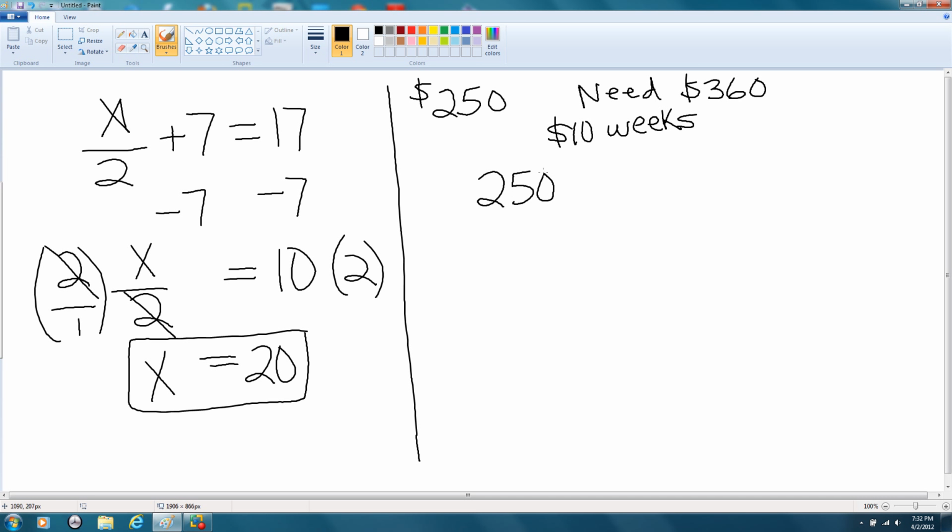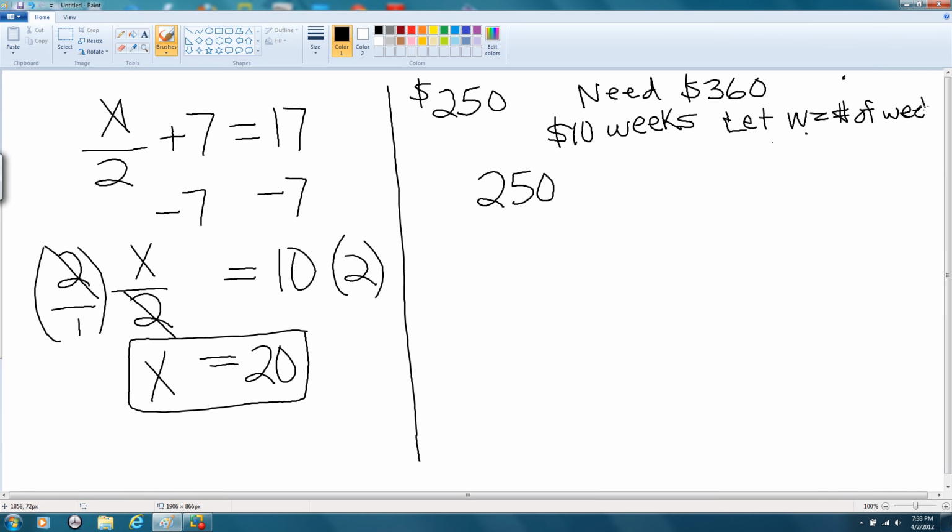In defining a variable, I say let W stand for the number of weeks, because I want to know how many weeks it's going to take me to save up to 360.